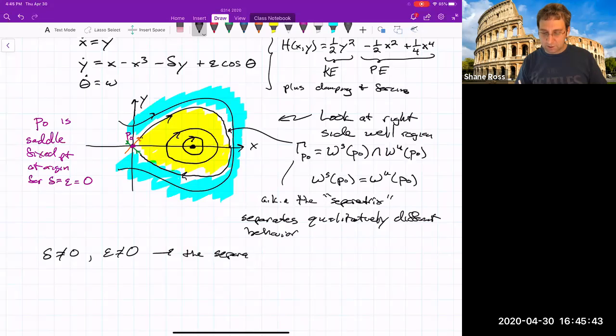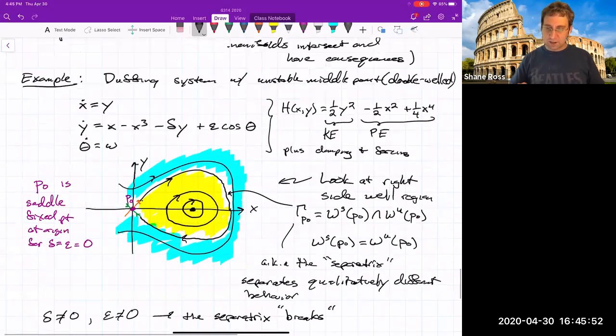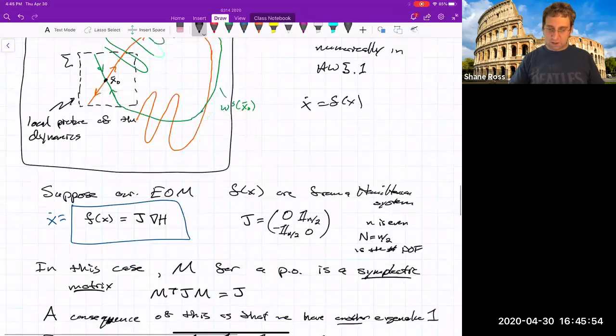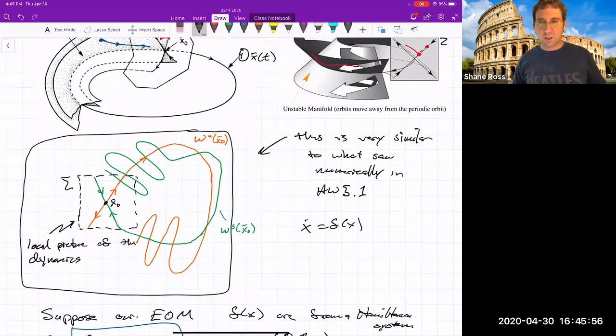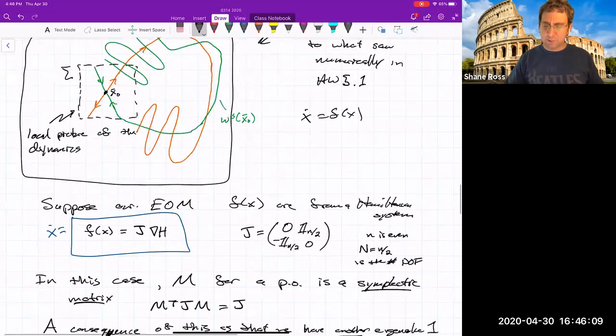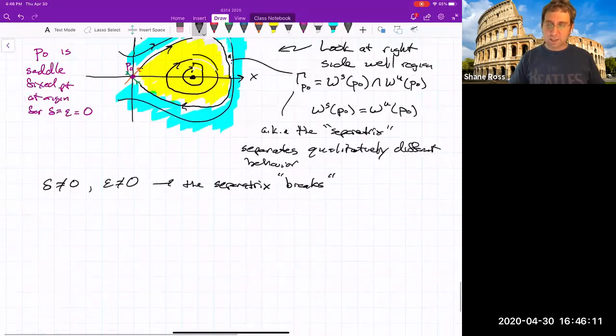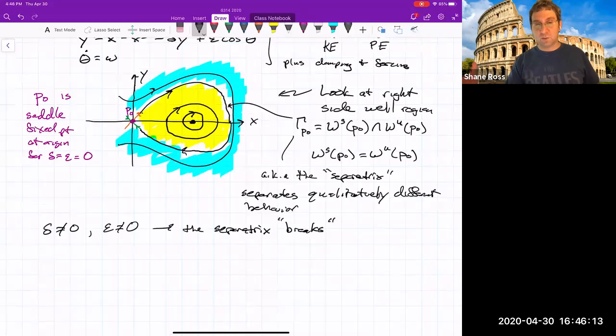In fact, that's what they call it: the breaking of the separatrix. Then you get a picture much like I showed up here, and which you saw numerically in the last homework. It's nice to see it starting from the simplest case with no forcing and no damping, and then what are the details of how it breaks and how that is related to chaos. So that's what we'll end with next time in the final lecture.